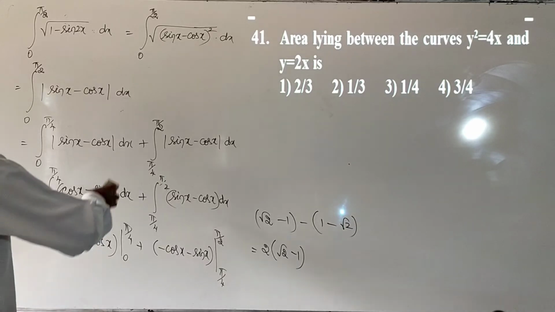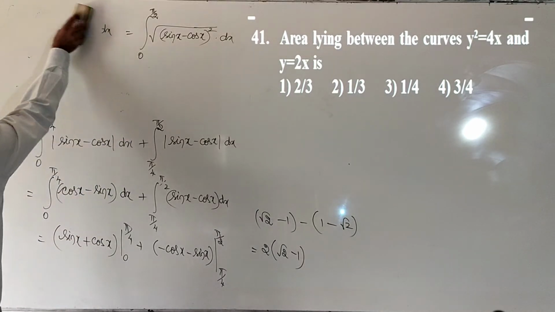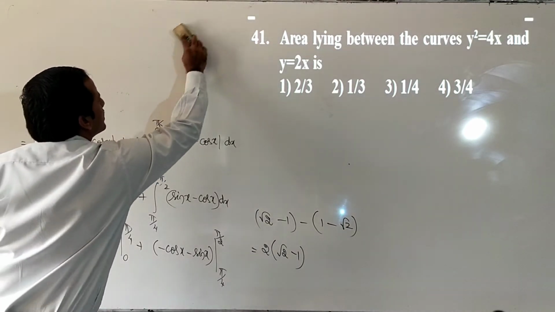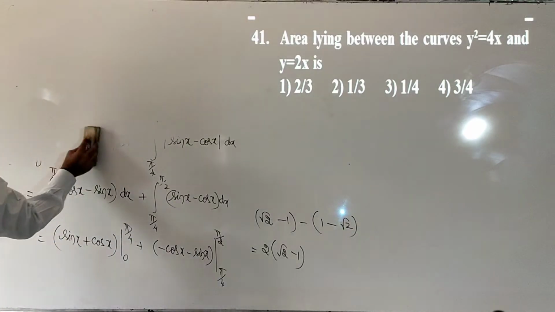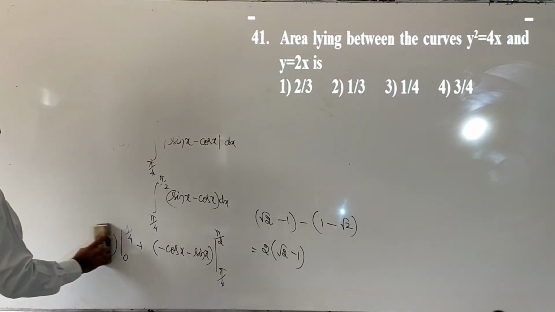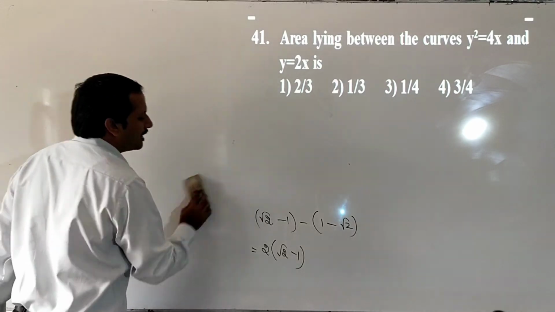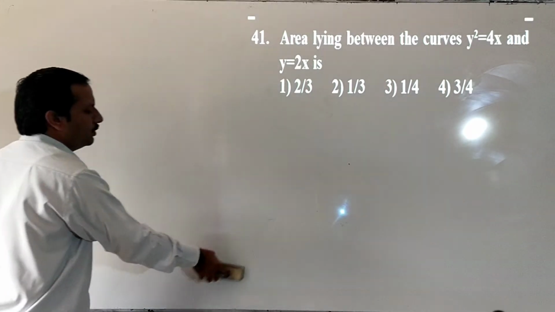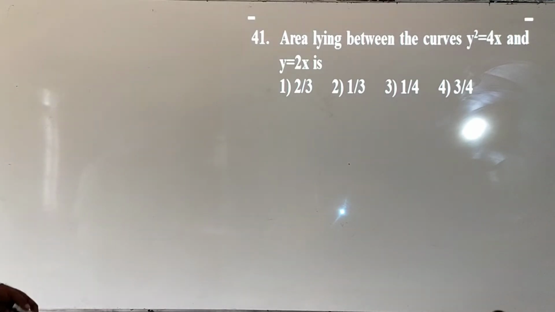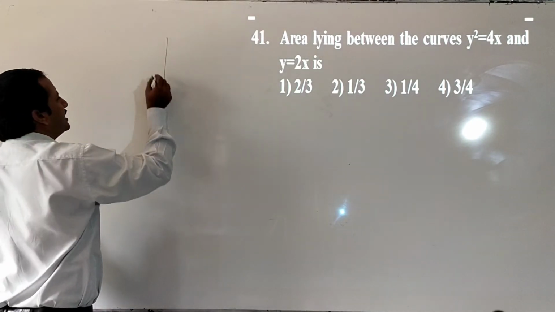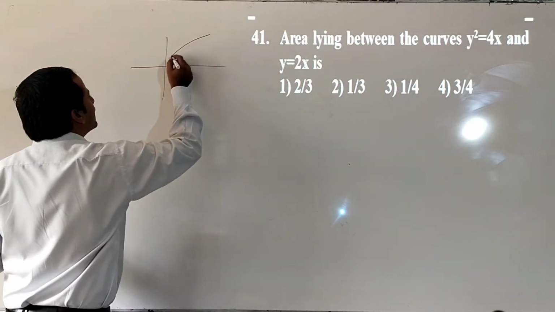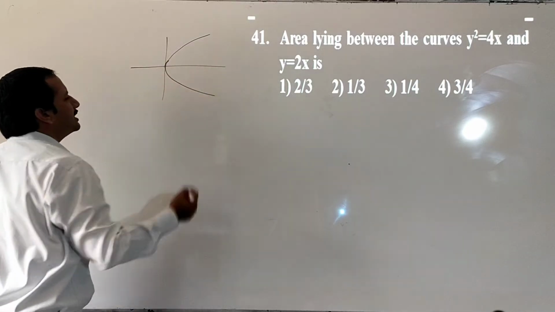Next, question 41. Area lying between the curves y square equal 4x and y is equal to 2x. Y square equal to 4x, as we know, it represents a parabola with vertex at origin and facing right side.